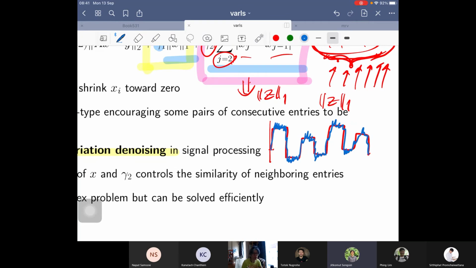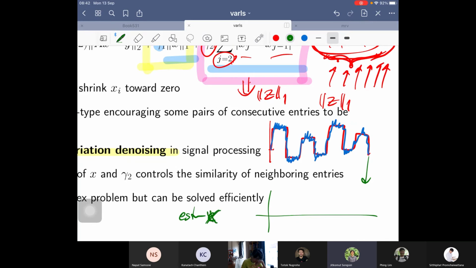The orange one is the original signal you intend to transmit. But when you transmit, the signal is corrupted by noise. Then, as a receiver, you want to recover the orange one, but what you observe is the blue one, right? Then what you do is you want to estimate x.